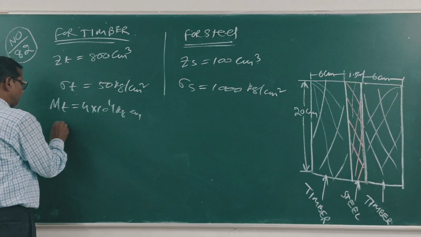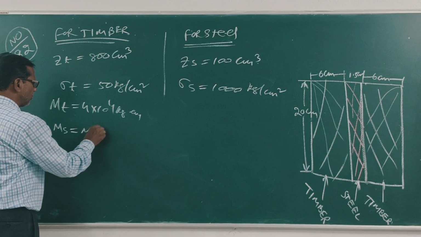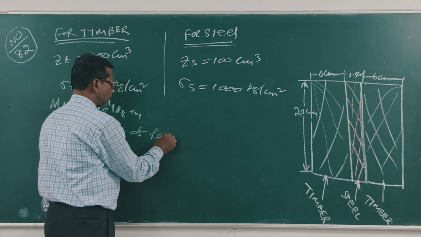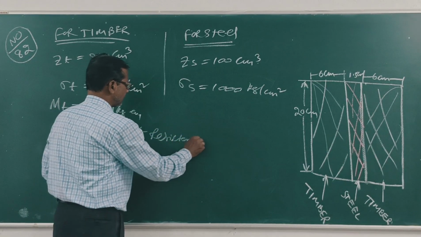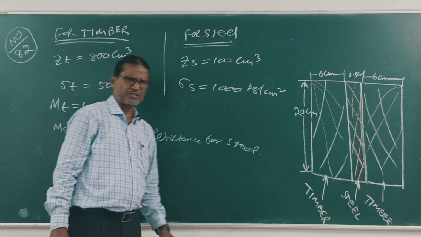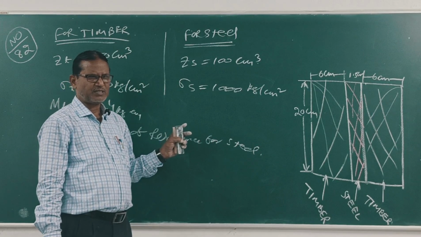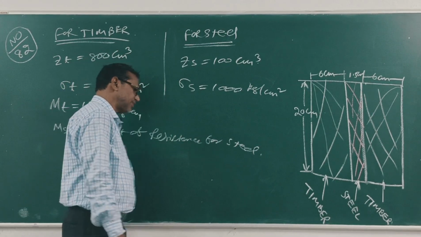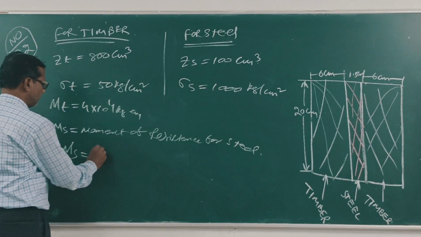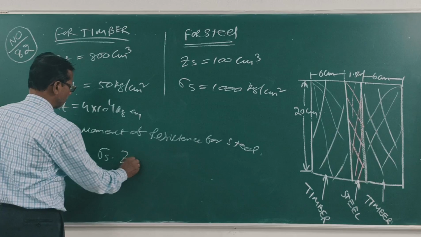What is Ms equal to? Moment of resistance for steel. Clear? Ms. What is Ms? Sigma Zs. So Ms is equal to sigma into Zs.